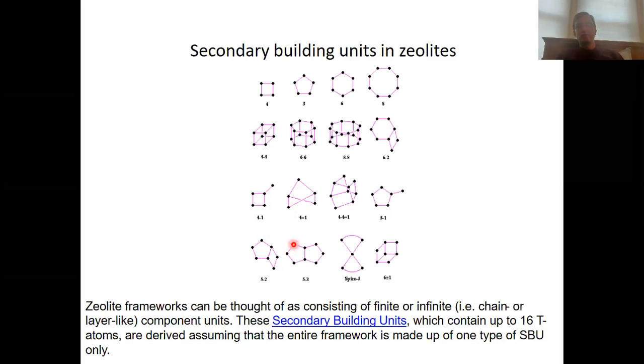So here we have 2 pentagonal rings that are shared with each other. This is called 5-3 because we only count the silicon tetrahedral centers once. So if we define that ring to contain the first 5 silicon atoms, then the second ring has only 3 additional members, hence the name 5-3.